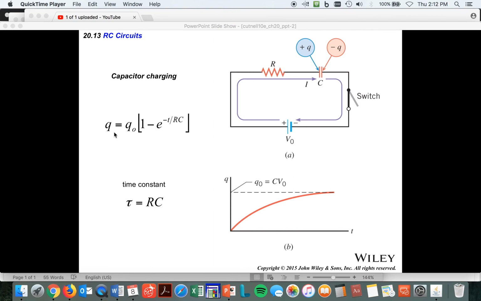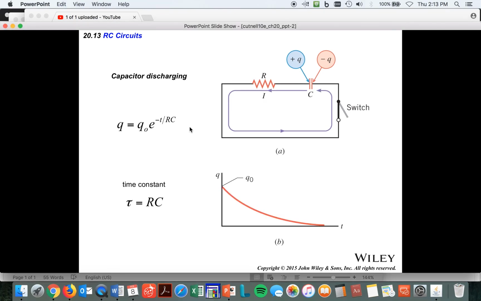So I've got 1 minus 1, which is 0, so there's no charge. But as t goes to infinity, what happens? This term goes to 0, and so as I charge for a long time, Q then becomes Q naught. And I'll show you how to work the problems here in a little while.